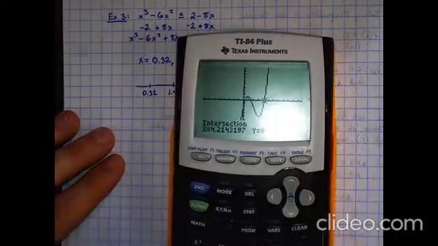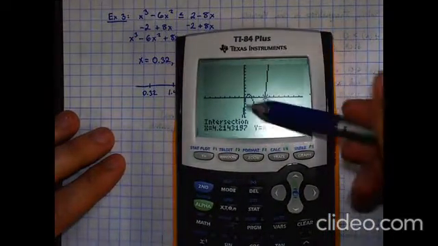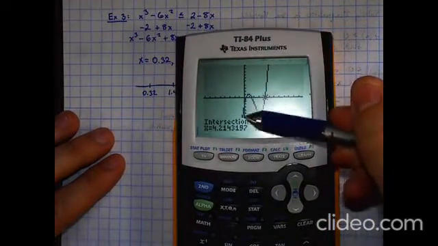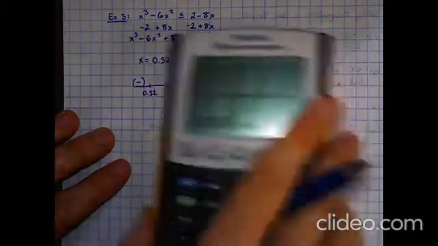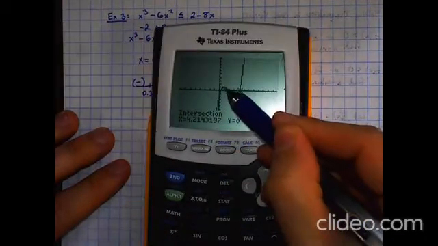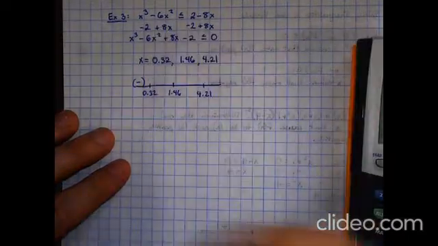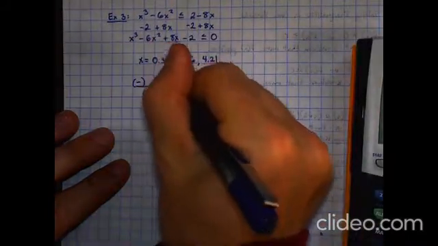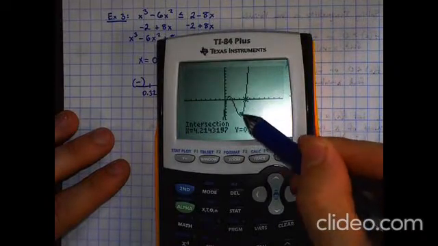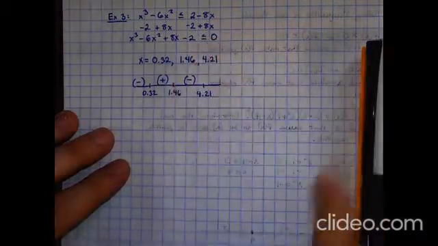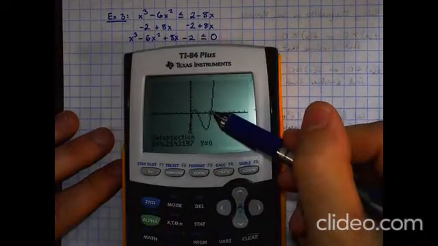Alright, so to the left of 0.32, that's down here, this is negative. Between those two answers, it's above the x-axis, so it's positive. Between the next two, we are below, we're negative. And to the right of 4.21, we are positive.